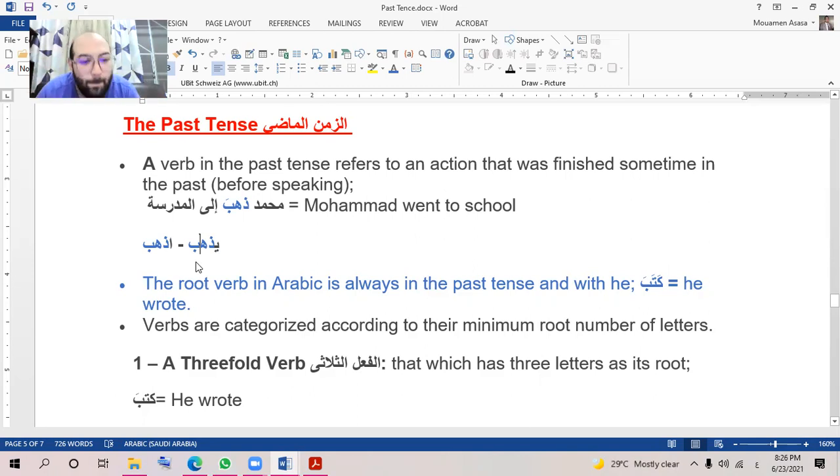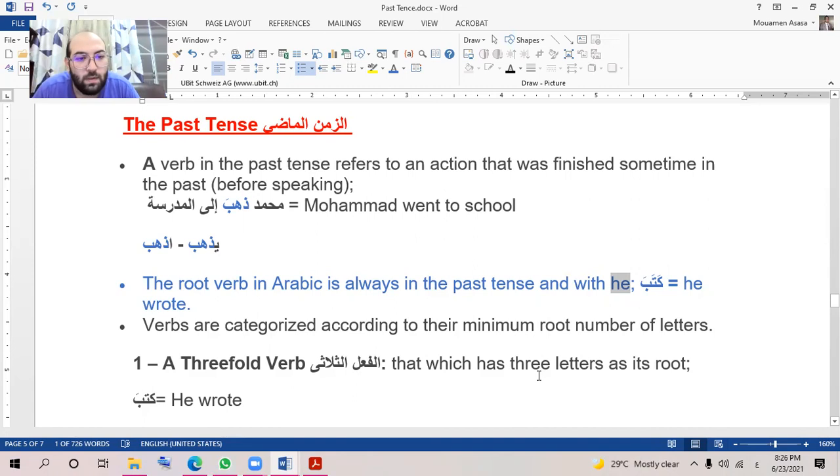Go back to the past. The root verb in Arabic is always in the past tense. And it always comes with he. The third person, he, the third person not existing with us. This is the simplest structure of the verb.